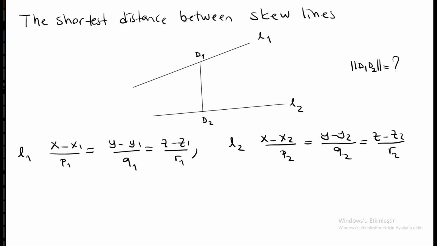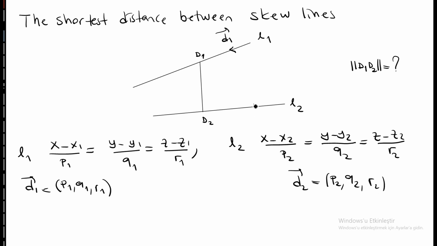These two lines, okay? So let's say you have this one, this your D1 here. So D1 is p1, q1 and r1. So D2 is this one, p2, q2 and r2. So this D2.